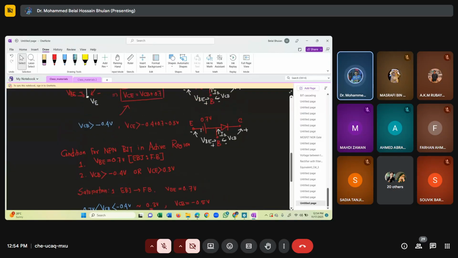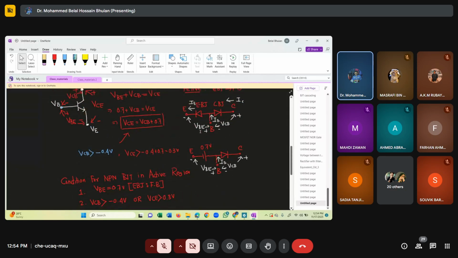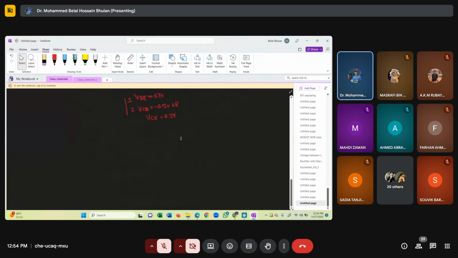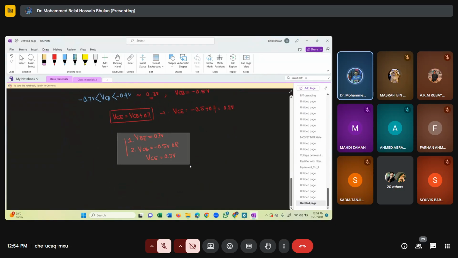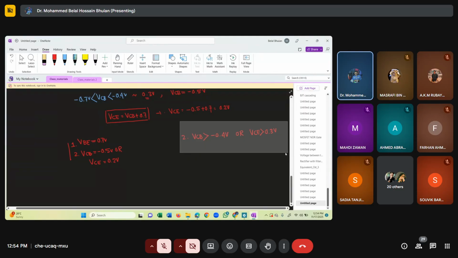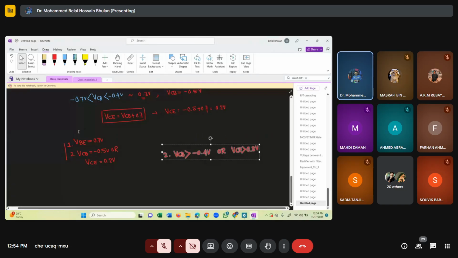Now compare this with, let's say, the active region. So just write it down. Okay, active region. Let's make a comparison. For both cases, this must be satisfied.